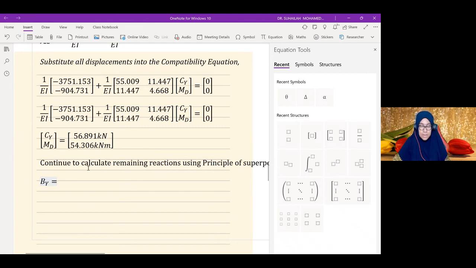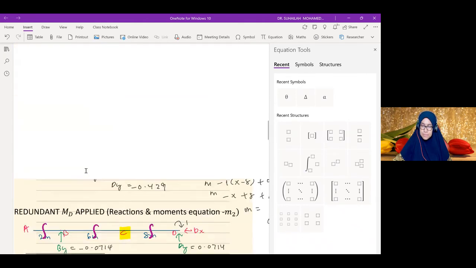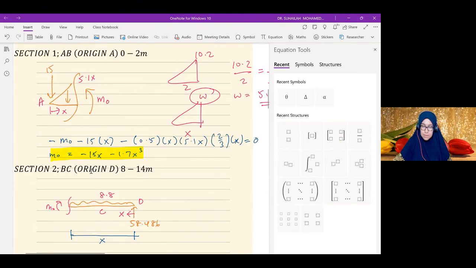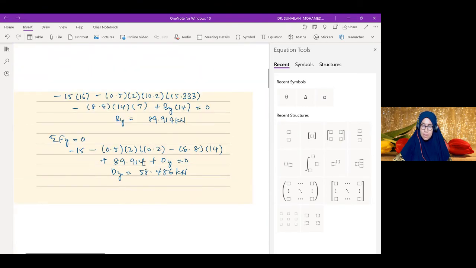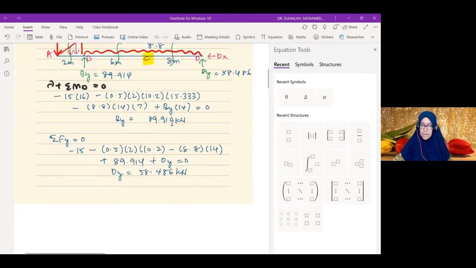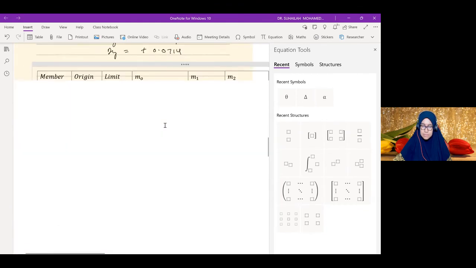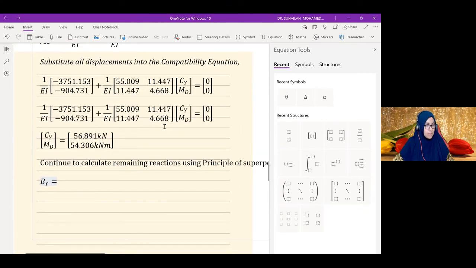So BY is equal to BY in the primary beam, 89.914.